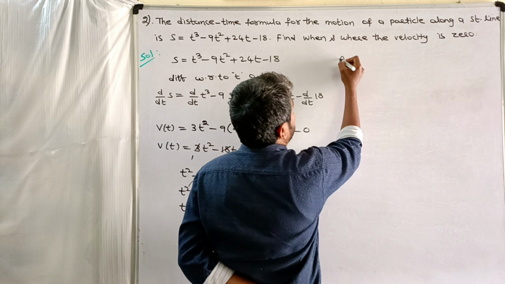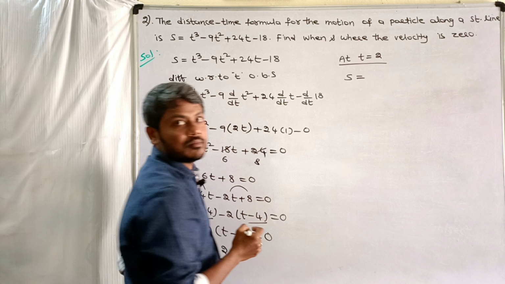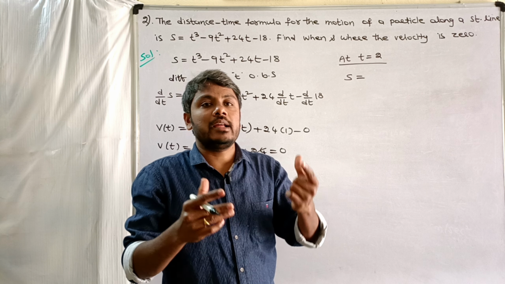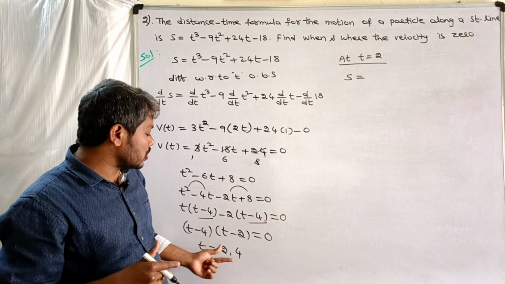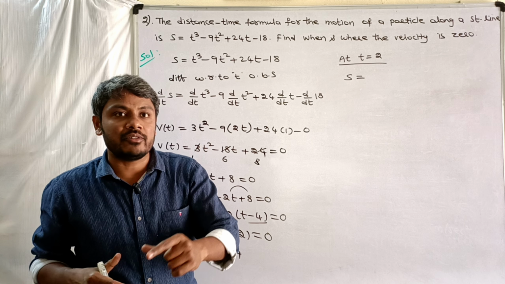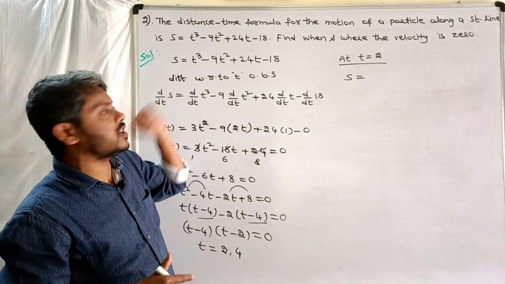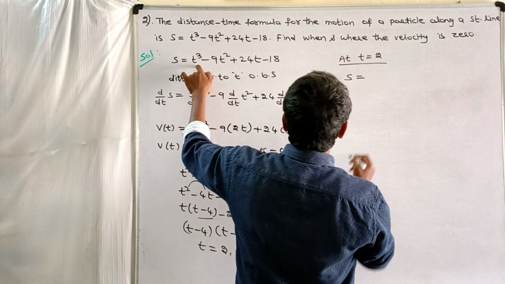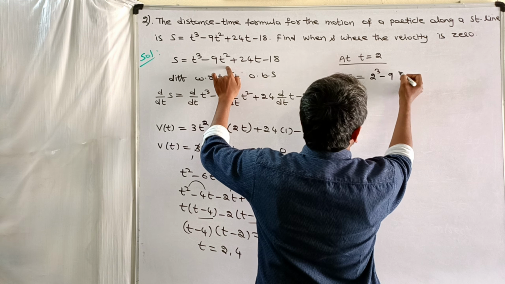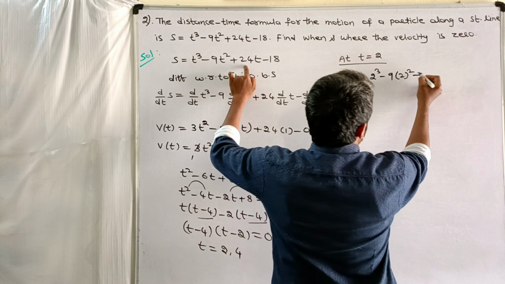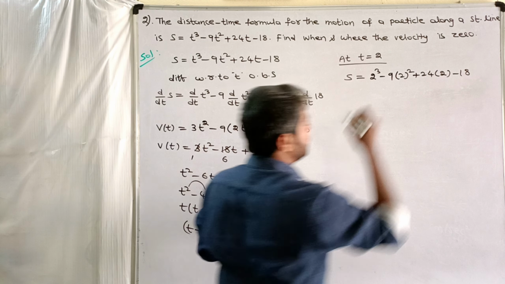First, at t equals 2, what is the displacement function? You have to find when and where the velocity is 0. At time t equals 2 and 4, the velocity is 0. So we need to substitute t equals 2 in the given function. S equals t cube, that is 2 cube, minus 9 into t square, t is 2, 2 square, plus 24 into 2 minus 18.